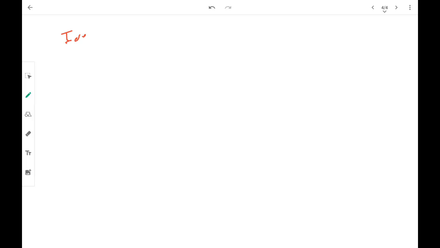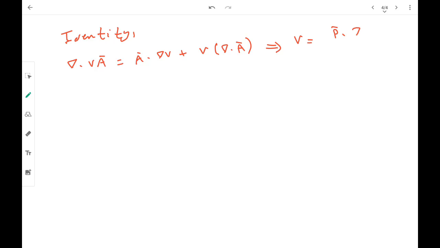This identity is the divergence of V times A equals A dot gradient of V plus V multiplied by the divergence of A. So we need to apply this identity on the previous integral, which is V equals the integral over V dash of P dot del dash of 1 over R divided by 4 pi epsilon naught dV dash.